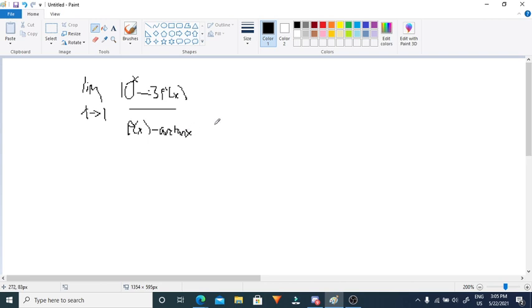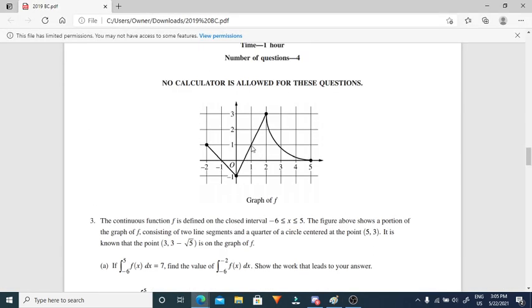Okay. So when we evaluate this, 10 to the 1 is 10, minus 3 f prime of 1. Well, f prime of 1 here is just going to be the slope of this line, which we can see. It goes up 4 over 2, so it's got a slope of 2.